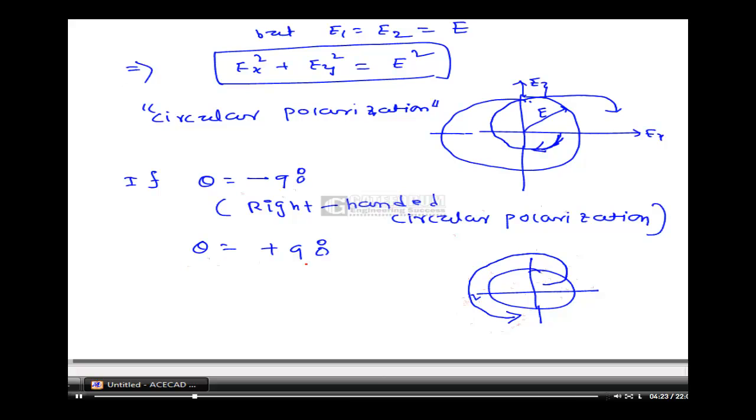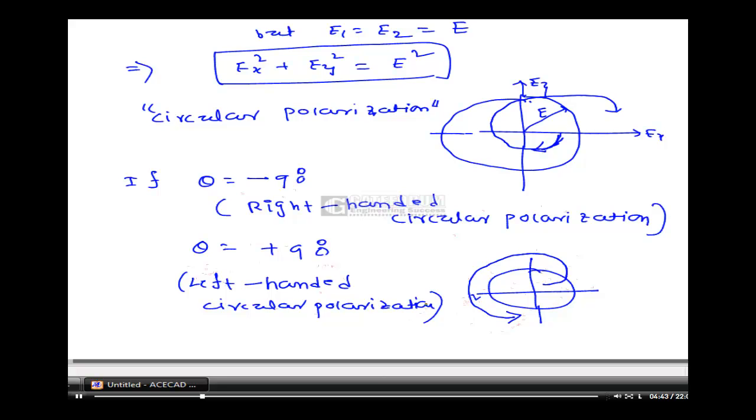So if theta is equal to plus 90 degrees, we call the wave left-handed circular polarization. So these are two different cases, theta equal to minus 90 degrees and theta equal to plus 90 degrees.